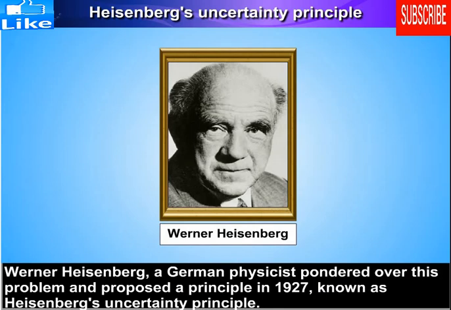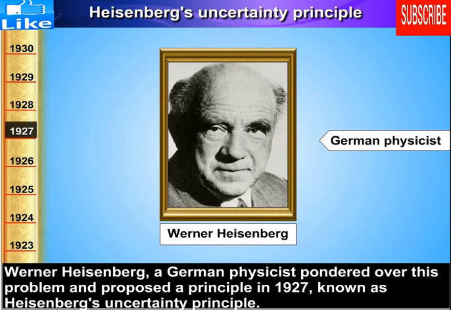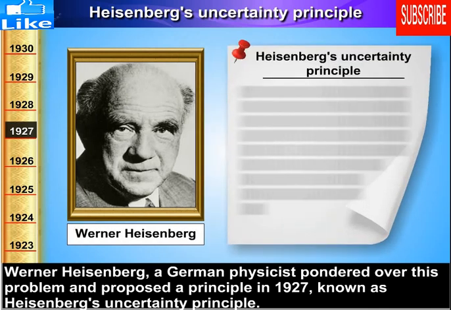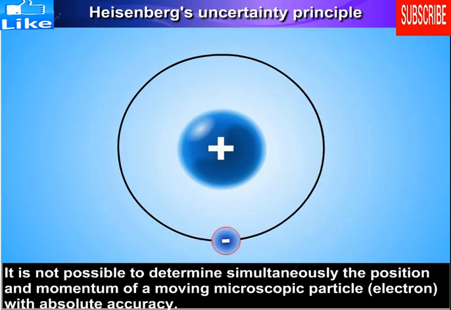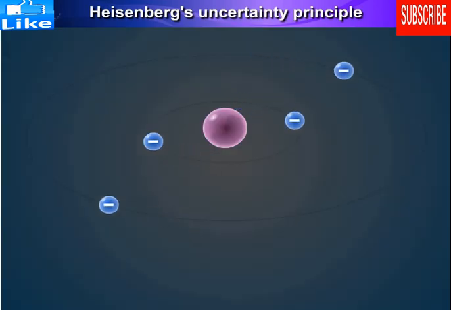Werner Heisenberg, a German physicist, pondered over this problem and proposed a principle in 1927, known as Heisenberg's uncertainty principle. This principle can be stated as follows. It is not possible to determine simultaneously the position and momentum of a moving microscopic particle, such as an electron, with absolute accuracy.